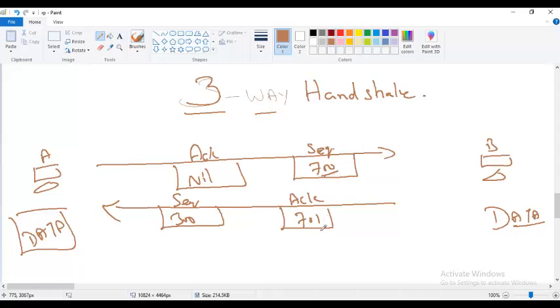When A receives the 701, A can understand that B has already received my first handshake 700. Only then B can say 701. If B did not receive that 700 packet, B cannot send this number 701.